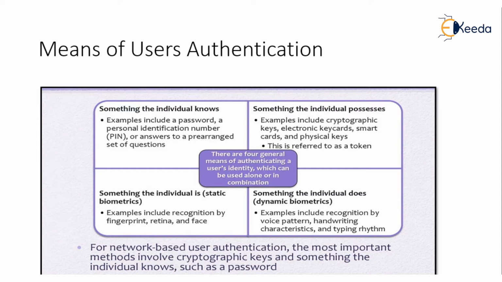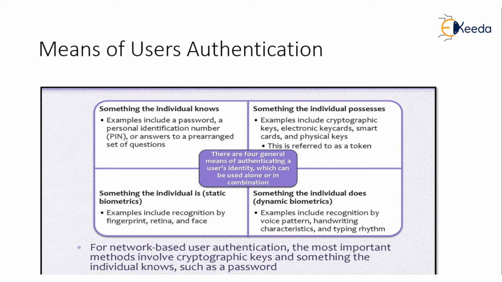Next is something that the individual is, that is the static biometrics. And the next is something the individual does, that is dynamic biometrics. So there are four general means of authenticating a user's identity, or we can say there are four general types of authentication which can be used alone or in combination to provide the authenticity of the users.